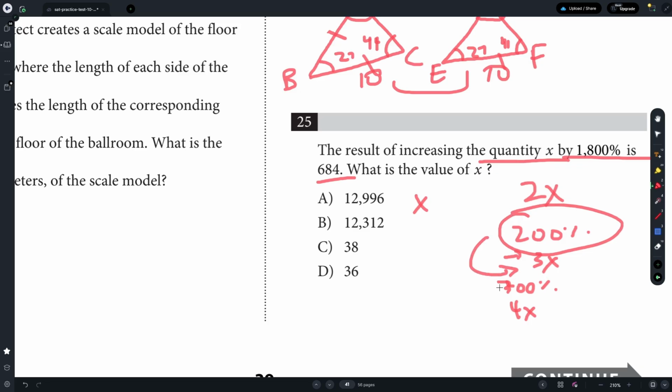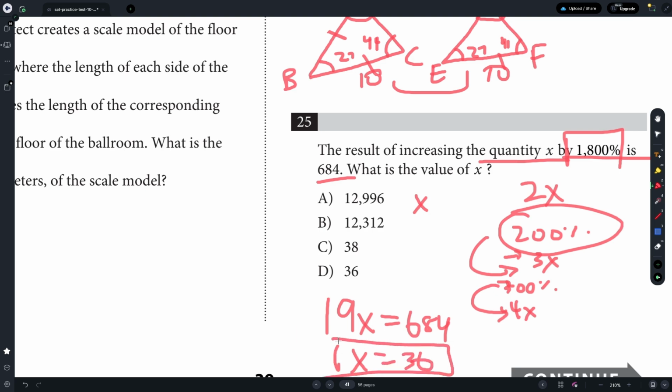So 300% is 4X, and 1800% is actually 19X, 19 times X. This would equal 684. Now, 684 divided by 19 is actually 36. So the correct answer is 36.